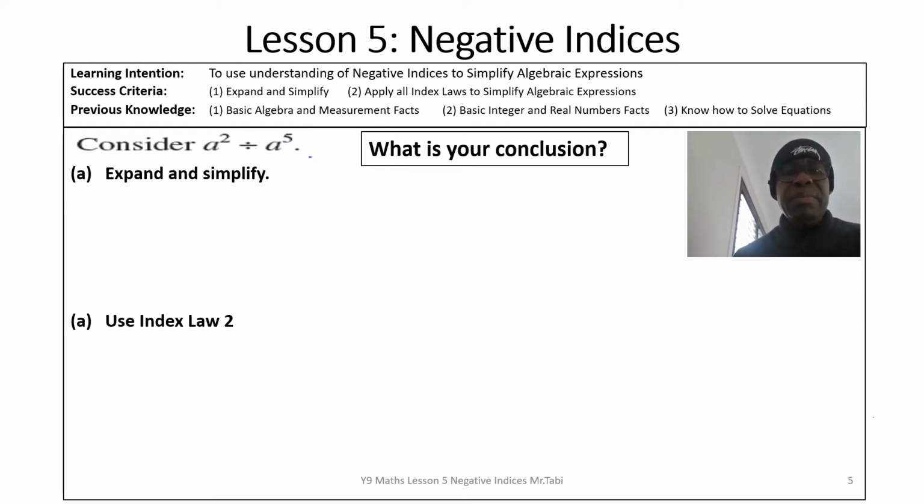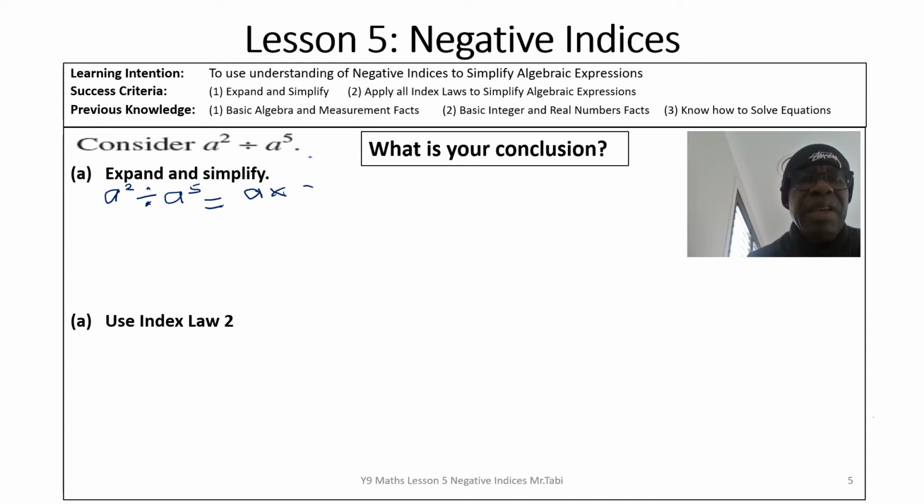Right. Before we state the law, the negative indices law, let's do one more activity. I have a squared divided by a to the power of 5. That is simply a squared is a times a. I'm using expand and simplify. And a to the power of 5 is a multiplying itself 5 times.